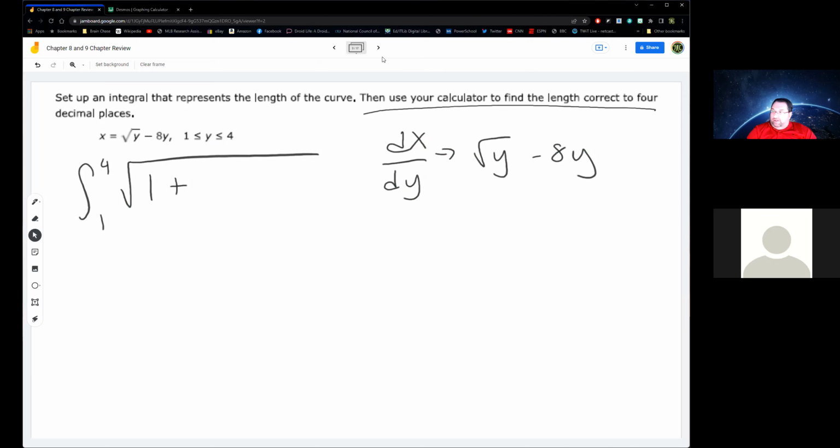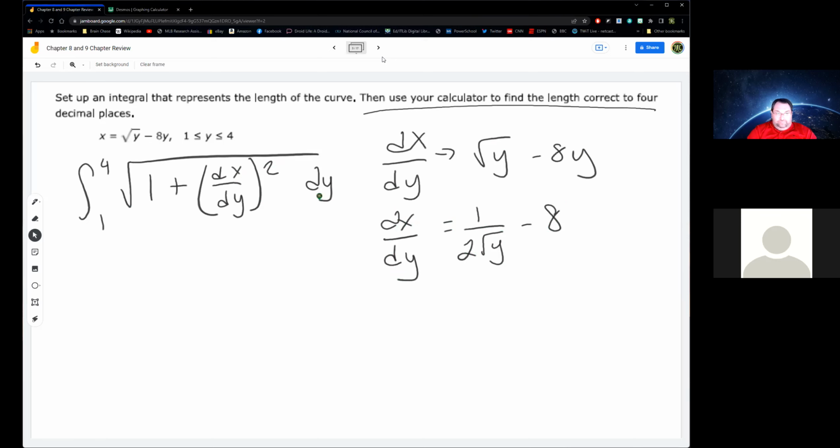We do the derivative of the square root of y, which comes out to be 1 over 2 square root of y. And then the derivative of 8y is just 8. So that's dx dy, and it was dx dy squared, dy. Any questions with the derivative there?